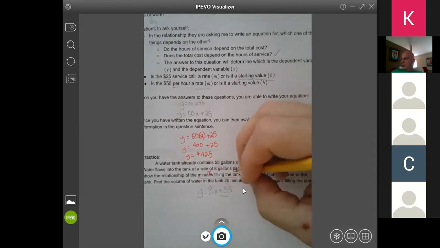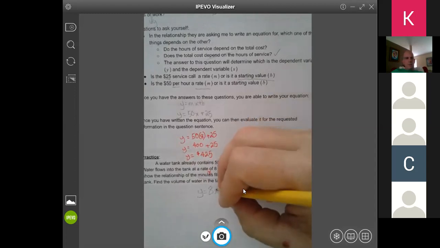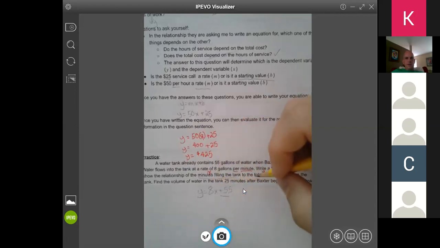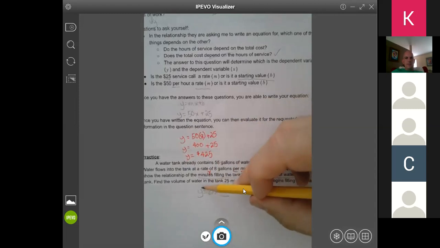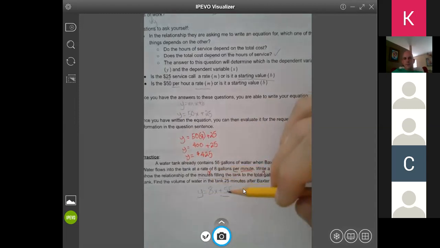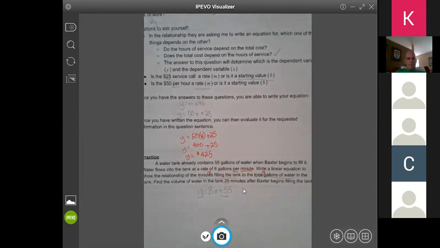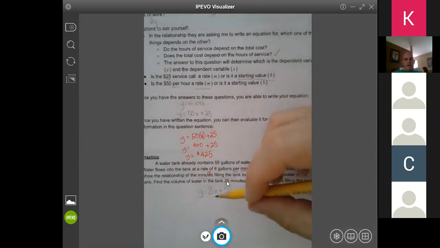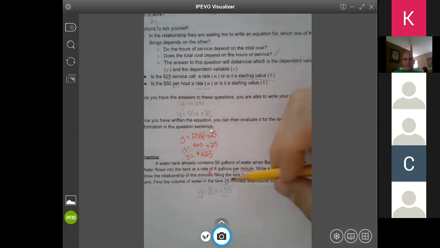That 8 per minute means that x represents minutes here, and that means y is going to represent our total gallons in that tank. Okay, thank you. So then, Imagine, you follow that as well? Yeah. Okay, so then what am I going to do with this 25 at that point? Once I have this rule, what am I going to do with that 25?